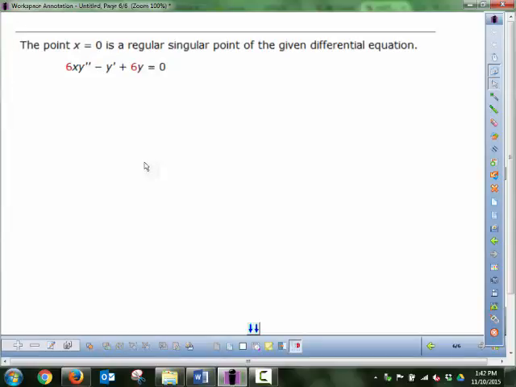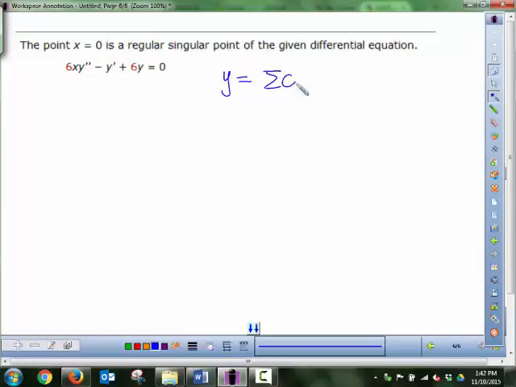Without knowing your indicial roots, which is what we did first, what the book does, and I guess most other people, aside from me, is assume that your solution looks like this: the sum of C sub k, x to the k plus r, from k equals 0 to infinity, where you don't know what r is yet. In the process of doing this, you'll eventually find out r by plugging in your first and second derivatives.